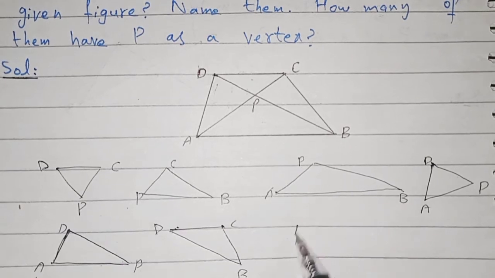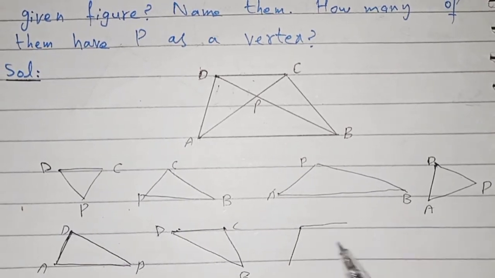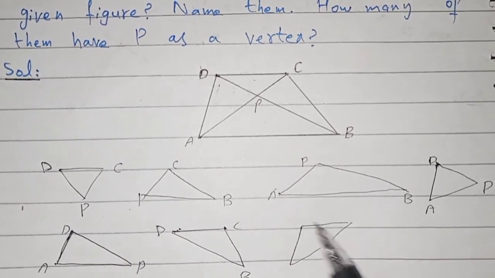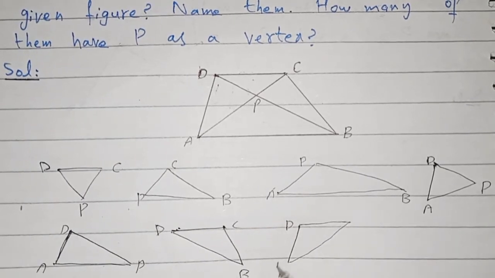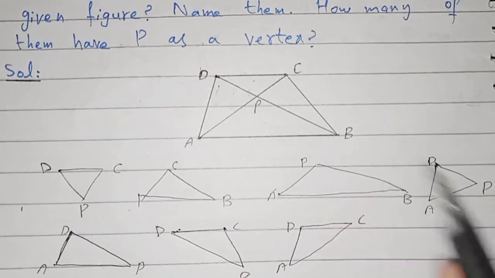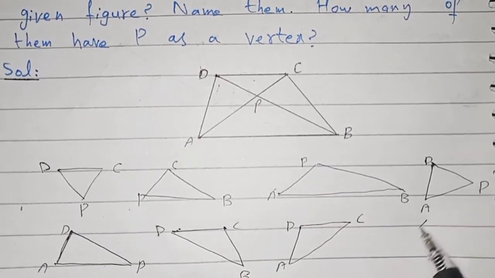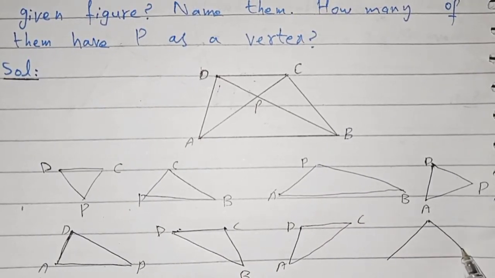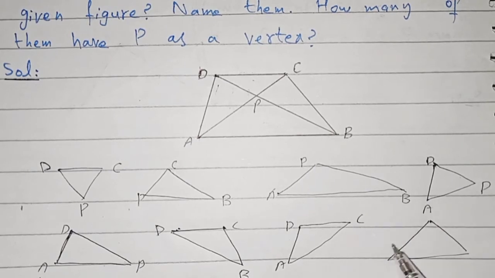We can write it as D, A and C. And last triangle is ACB, meaning like this, A, C and B.